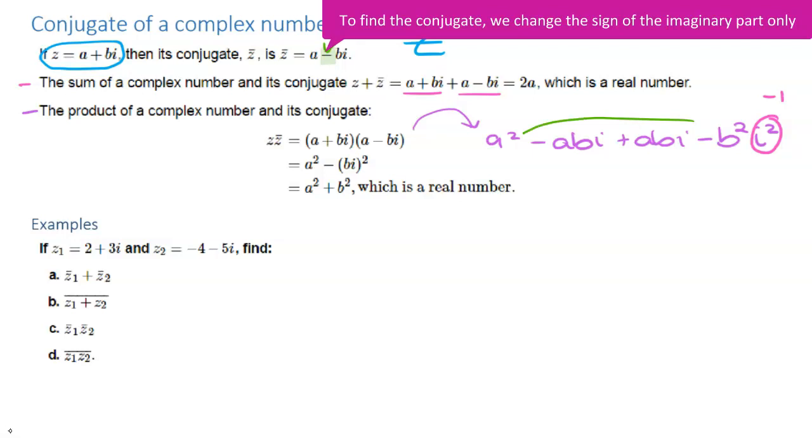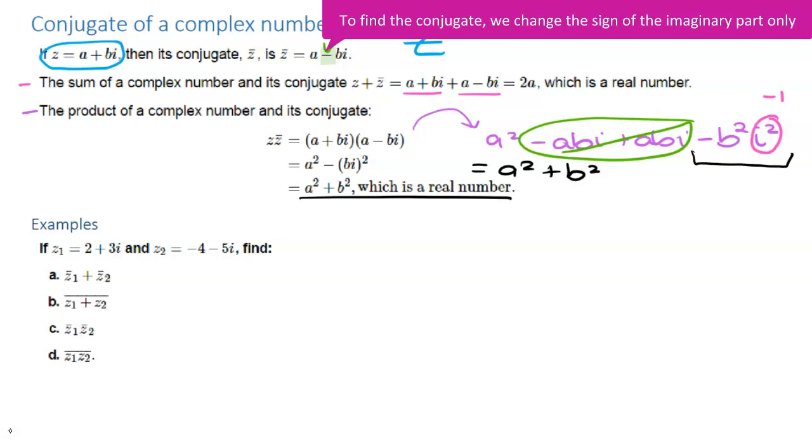We also have these two middle terms which have knocked each other out, because this is very much like a difference of perfect squares situation. So that means it's going to be a squared plus b squared. And this is also a real number, as it says in this final line. Because remember, we've got -b squared times -1, so that becomes plus b squared.